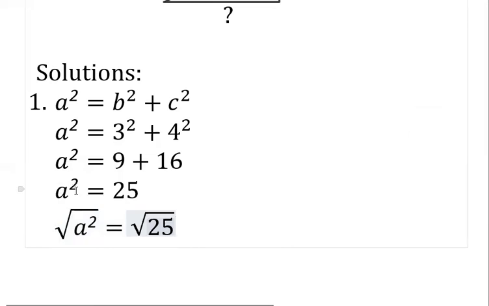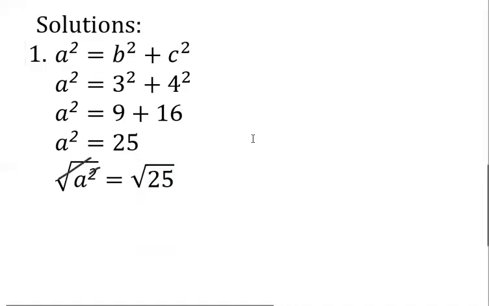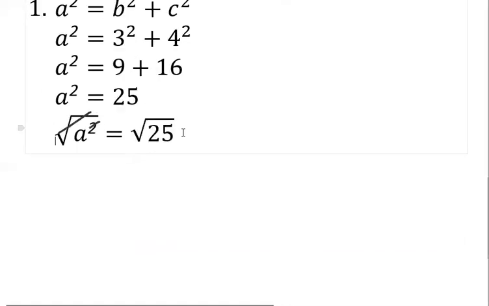So to remove this square, we square root both sides, square root here and square root here, so that our square can cancel our square root. Awesome. So we'll be left with a. Our a can equal root 25. Let's use a small letter.